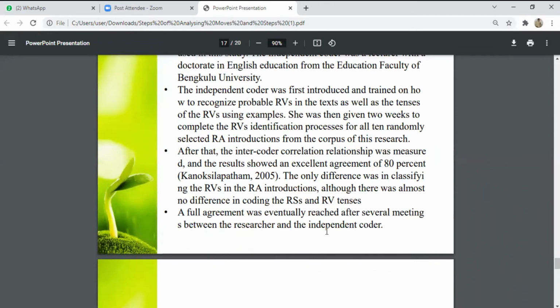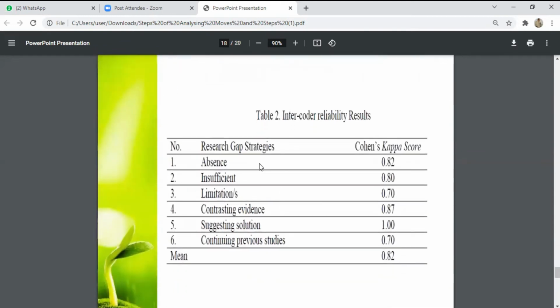And then a full agreement was eventually reached after several meetings between the researcher and the independent coder. And then this is the result of the intercoder or interrater reliability results. This is just an example, from different articles, a different project, different research.